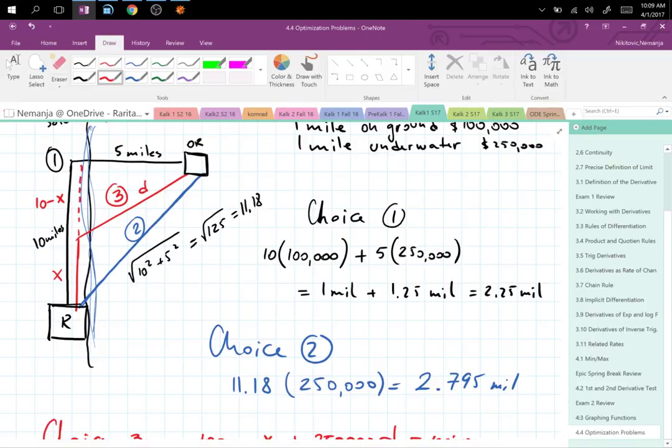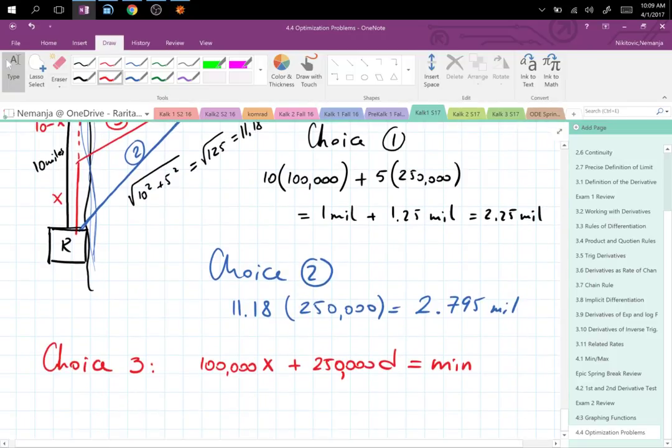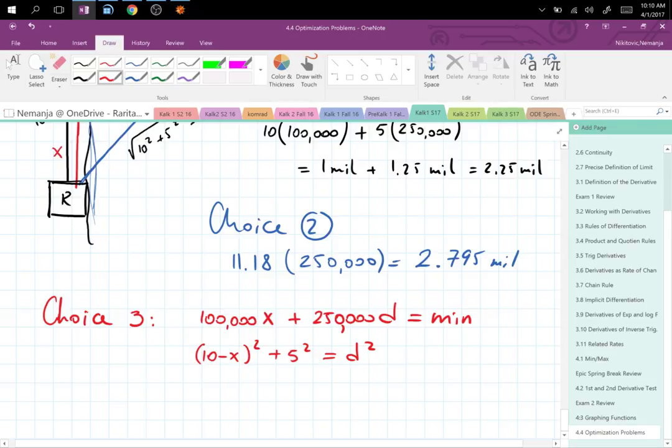You see the right triangle up there that connects d and x. That will be your constraint, and you already have the objective function. So (10 minus x) squared, which is one of the legs, plus 5 squared is equal to d squared. Now you can work that out and plug it into the other equation.